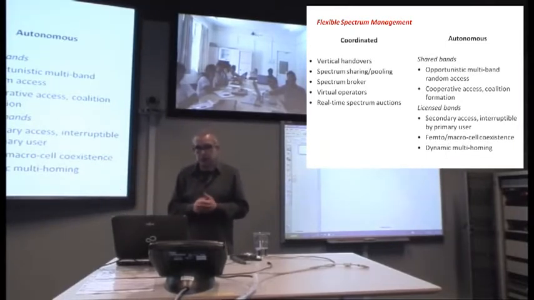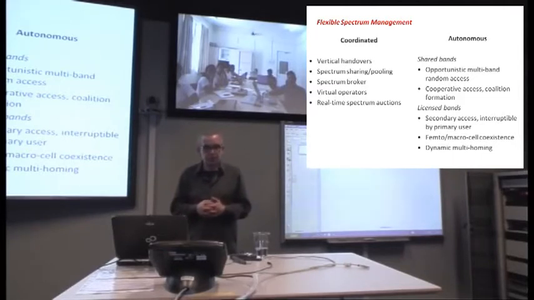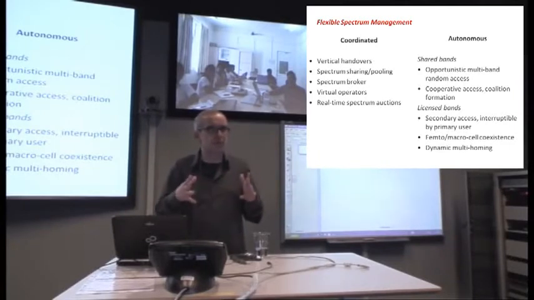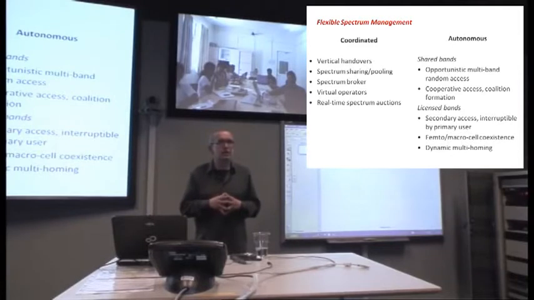Or you can think about a secondary use of spectrum that's more infrastructure based, so something like 802.22, which is a standard designed, well, Andrea talked about it yesterday, but designed for regional area networks making secondary use of TV spectrum, in which case the idea is that it's largely centralized and coordinated, at least by the base station.